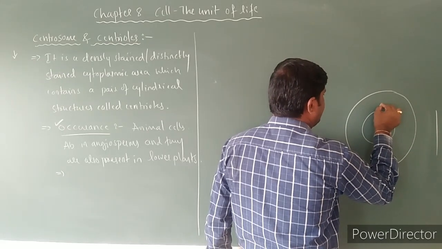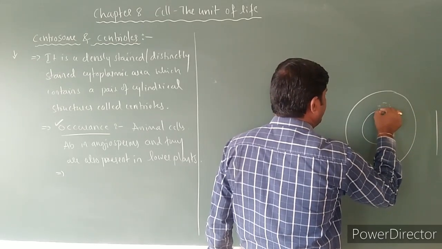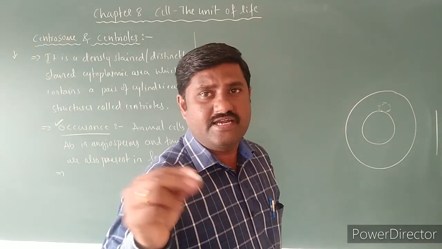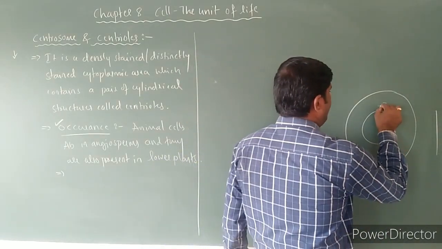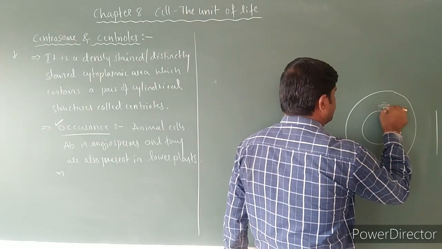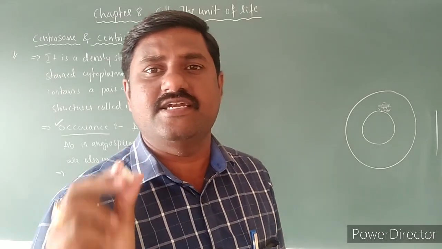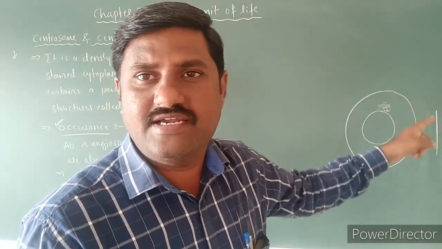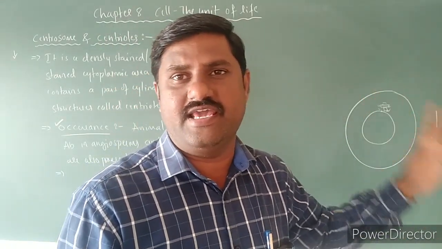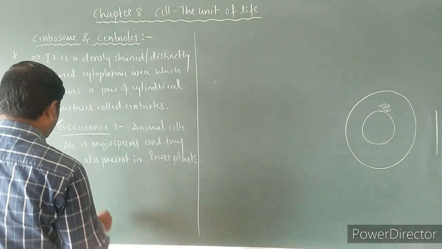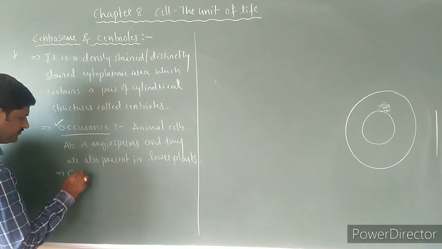Near the nucleus there is a densely stained cytoplasmic area, and in that area a pair of cylindrical structures called centrioles are lying. That densely stained area itself is called centrosphere.